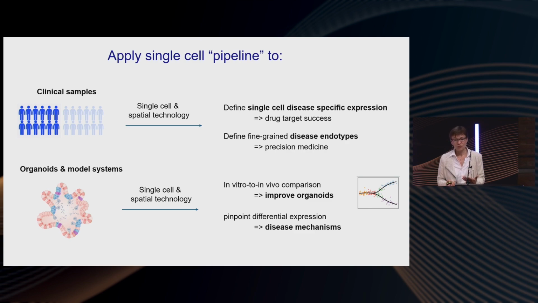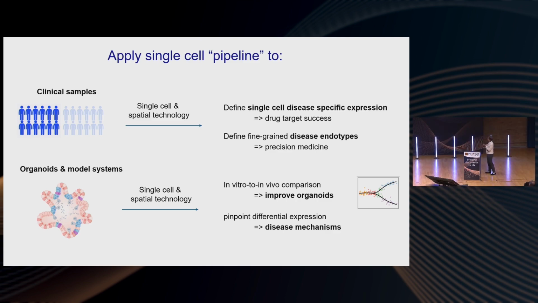So with this belief that we can use single-cell data, we would really like to apply the data and the tools from the Human Cell Atlas to clinical samples. And in particular, we believe that if we apply single-cell and spatial technology, we can, first of all, define disease-specific expression, which, as I've just shown you, is, of course, relevant for drug target success and for target identification.